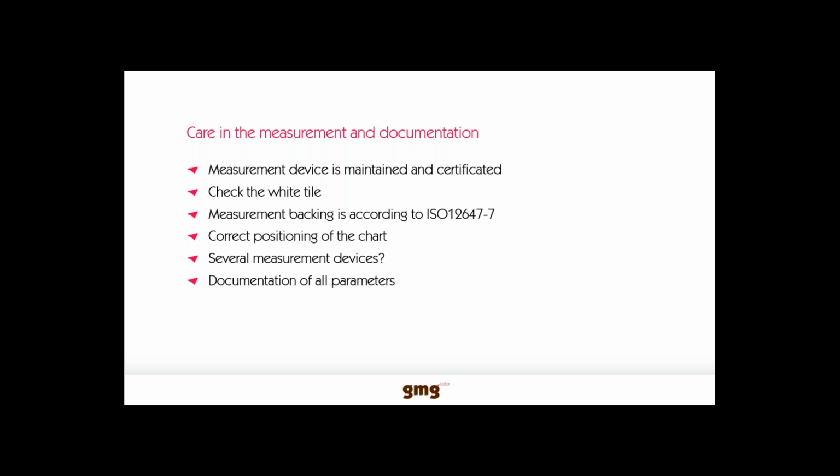And you should document all parameters related to the measurement: the serial number of the device, which measurement software was used, in which version number, what backing was used, and so on. Last but not least, save the measurements with a reasonable naming as LAB and spectral values. Also, if you use only LAB for profiling at the moment, it might be possible that you will need spectral values in the future or for the usage in OpenColor.